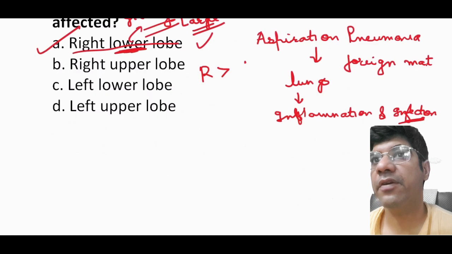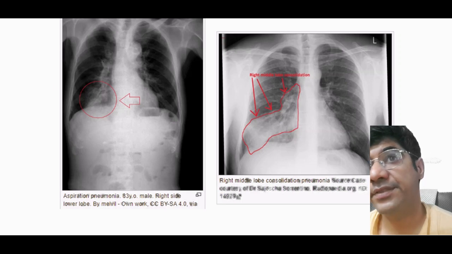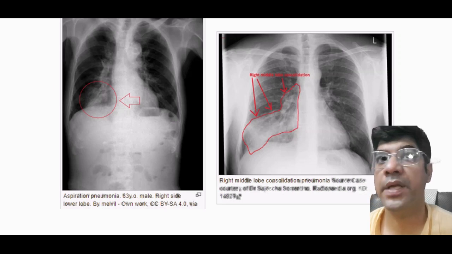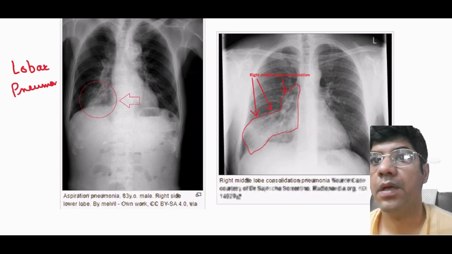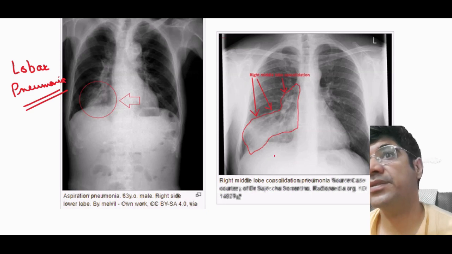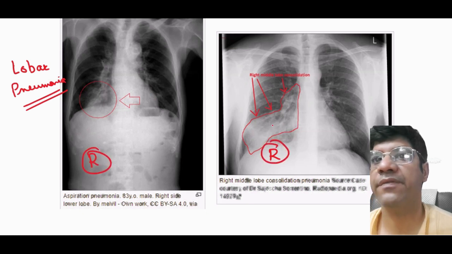Now on X-ray, what would you see? That is an important part. First, in the case of aspiration pneumonia, you would see lobar pneumonia. This one is the right side; the right lower lobe is mostly affected.